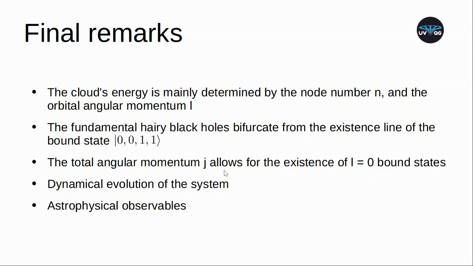The total angular momentum J allows for the existence of the l equals 0 bound state. So this is different from the scalar case, where the fundamental state happens for l equal 1. And this can be related to the morphology of the solitonic solutions, and also to the hairy solutions.